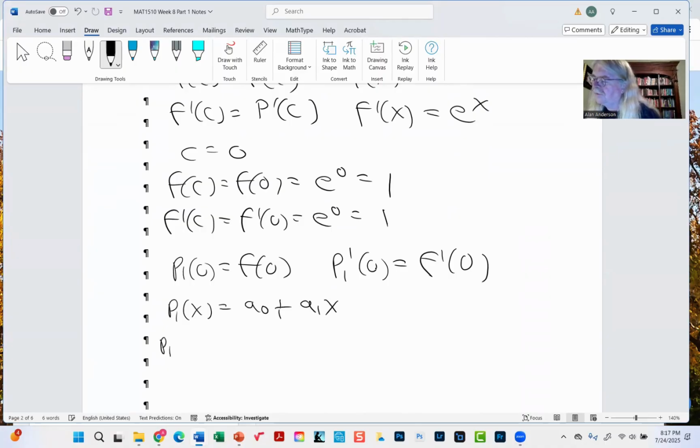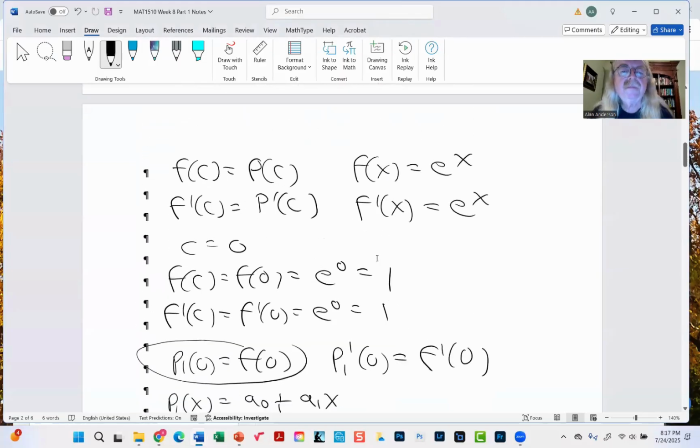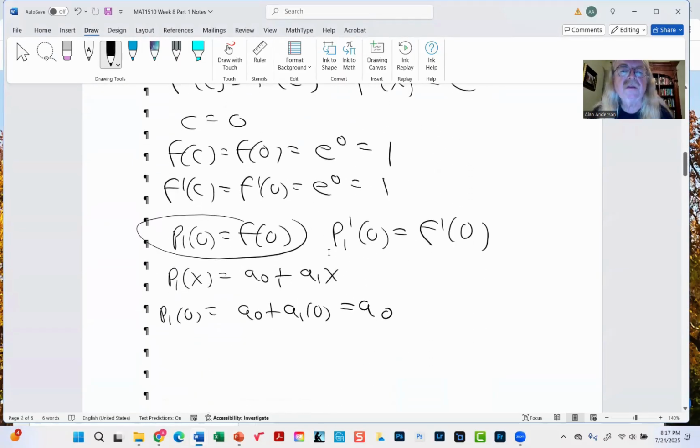So of course that means that P1 of 0 is a0 plus a1 times 0, which equals a0. And in order to see if this is true, we have to set this equal to 1. In other words, we just showed up here that f of 0 was 1. So in order for this condition to hold, it must be true that a0 equals 1. All right, so we got our first coefficient.